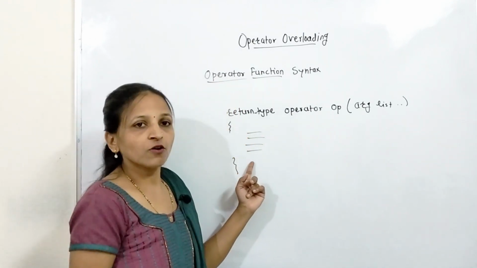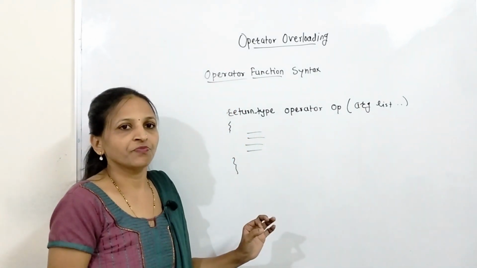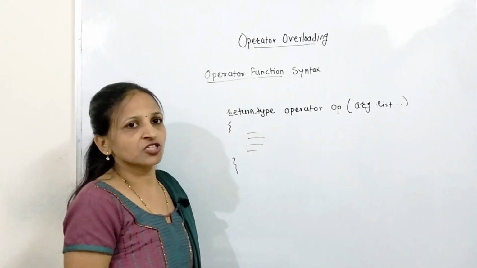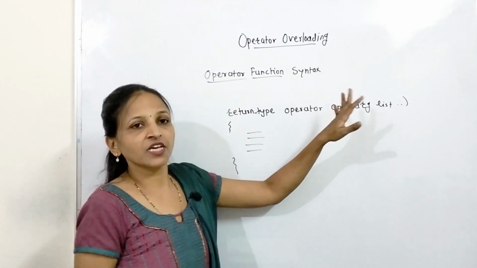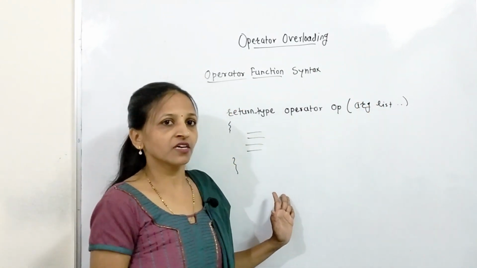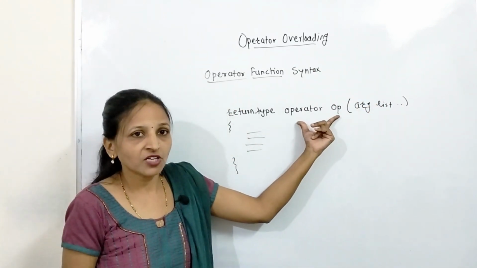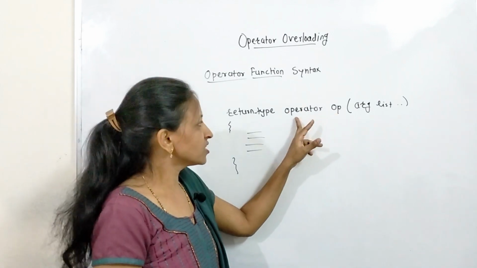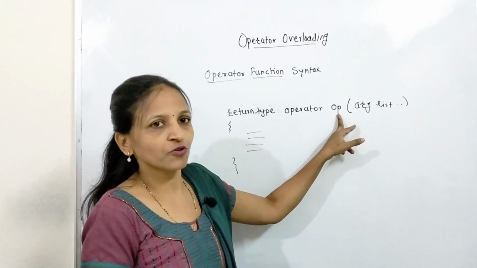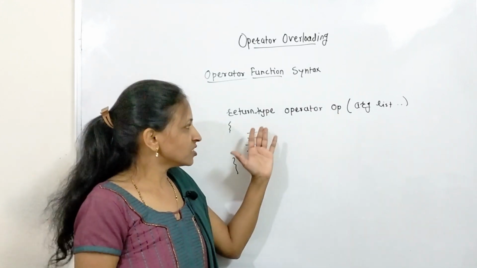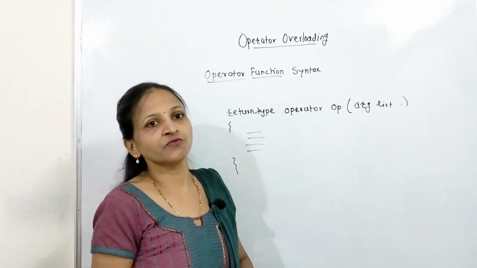And then you have to write the function body. See, it is just like a normal function declaration. Normally we write a function like return type, function name, arguments and function body. Here only at the place of the function name you have to change. We have to write first the operator keyword, then whatever operator you want to overload. This is just the syntax to write an operator function.